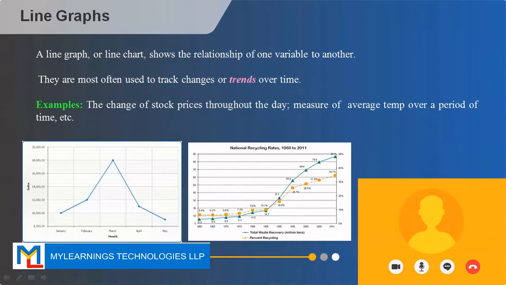So that's what a line graph is, a simple representation of data, which shows a relationship between one variable and another.